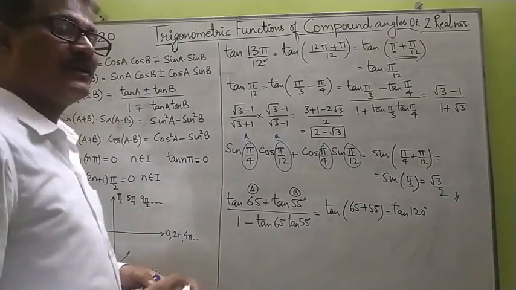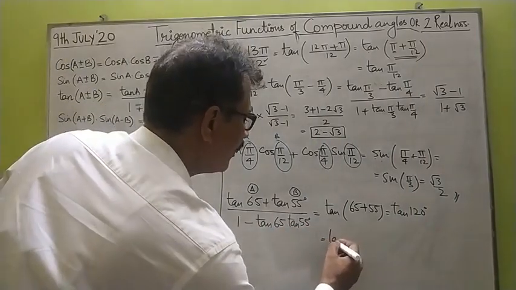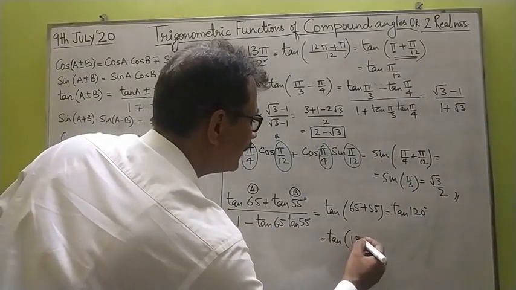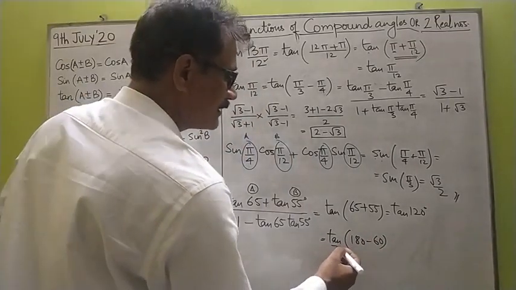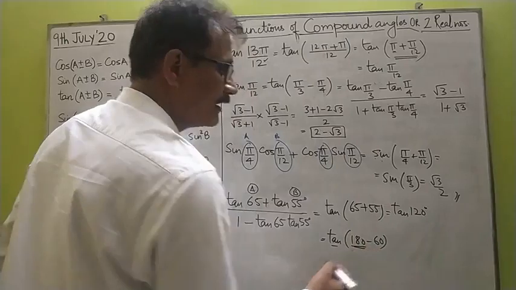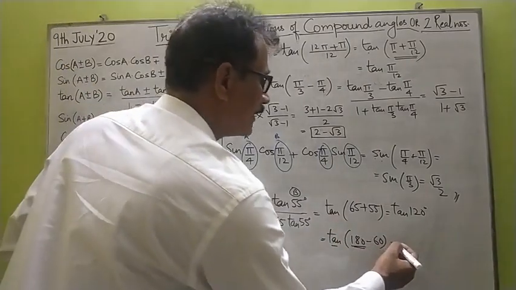Now how to find tan 120 degrees? We write this as tan of 180 minus 60. And when the ratio of tan is expressed in terms of 180, the ratio remains the same. So it becomes tan 60.